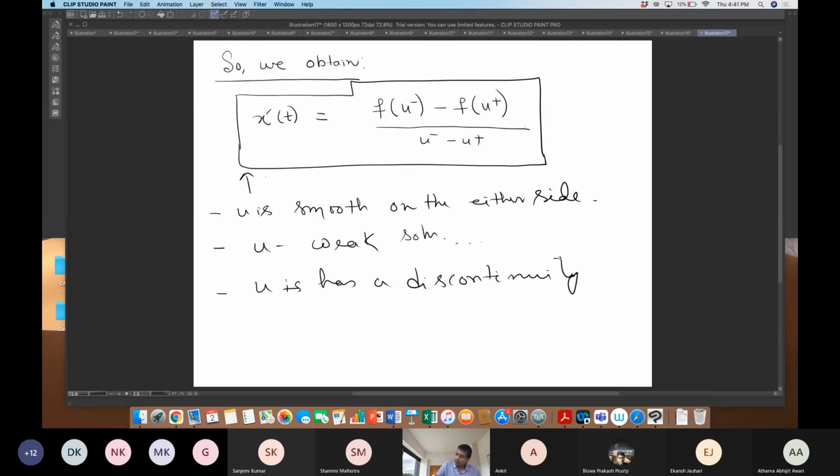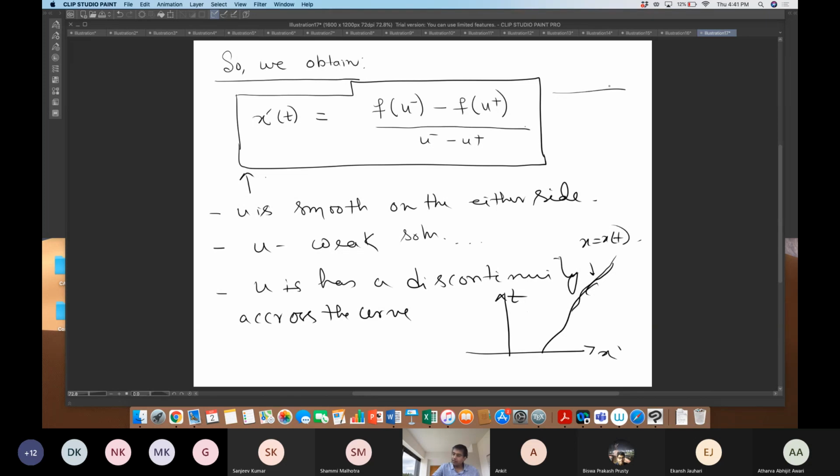So this is t, this is your x, and this is the curve x equal to x(t). Remember when we said that the two characteristics intersect, that means you have a problem at the point where they intersect. Yes or no? Yes, sir. So you have a problem.